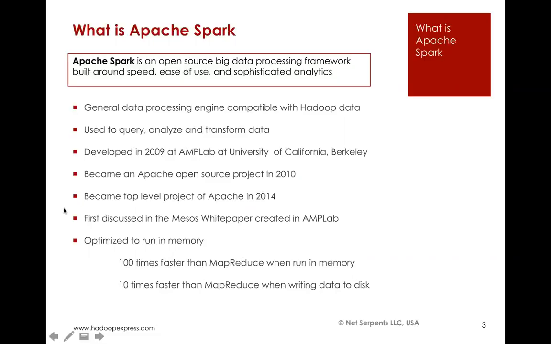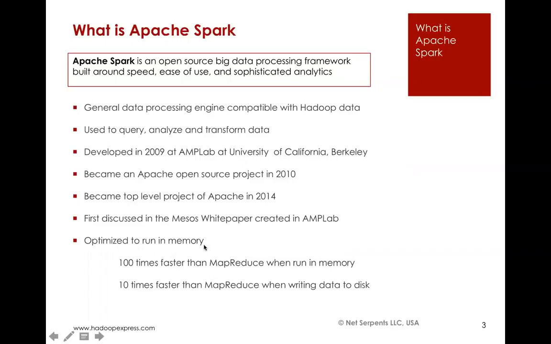And Spark is optimized to run in memory. So this is a huge difference between Spark and MapReduce, which was already existing in Hadoop. Spark allows you to run queries in memory and also to run analytics in memory. So naturally it runs faster. It's not that Spark has to run in memory all the time. You could do batch processing in Spark as well, with the data residing on the hard disk.